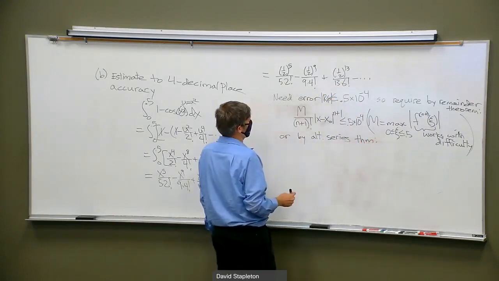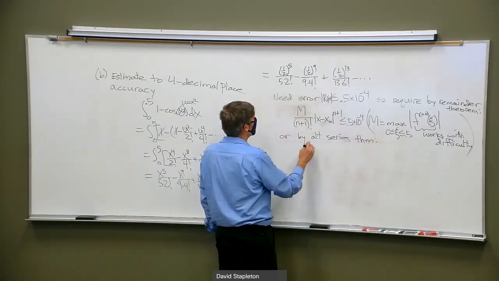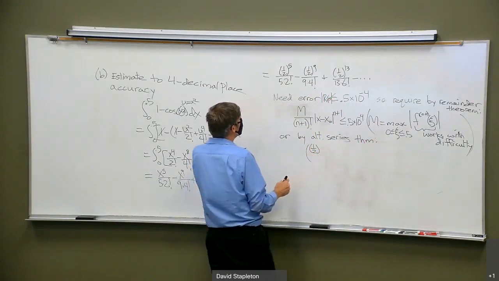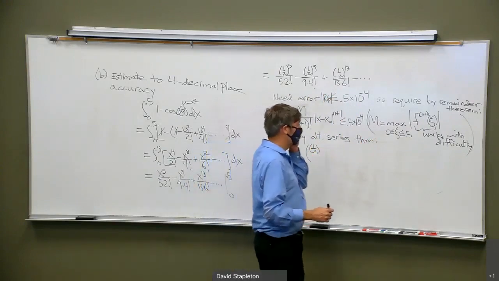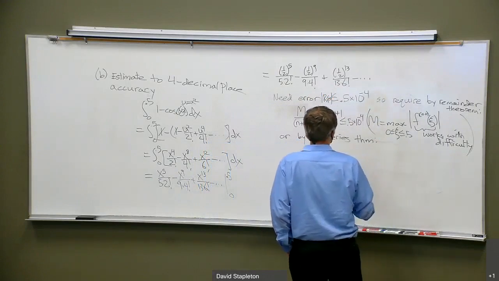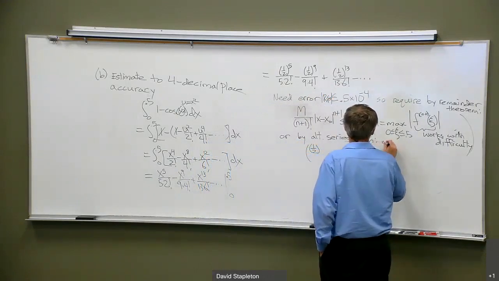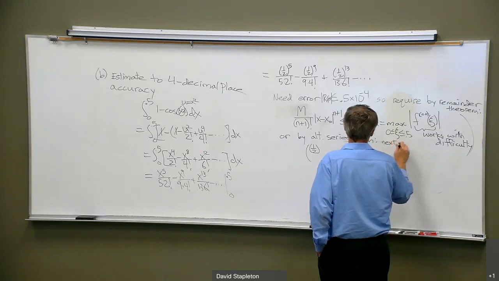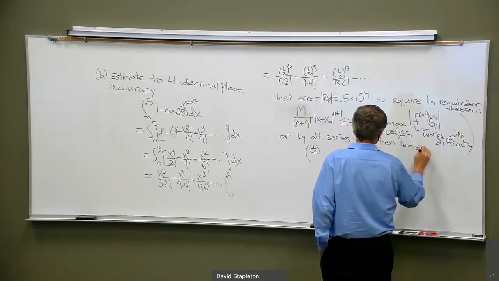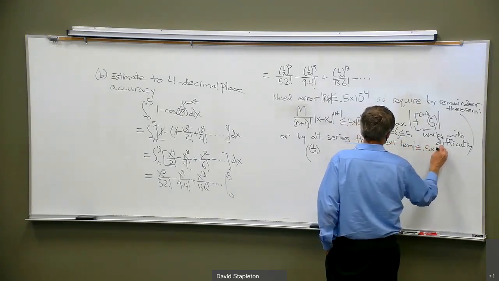We just require the next term, 1/2 to the, we want the absolute value of the next term less than or equal to 0.5 times 10 to the minus 4.